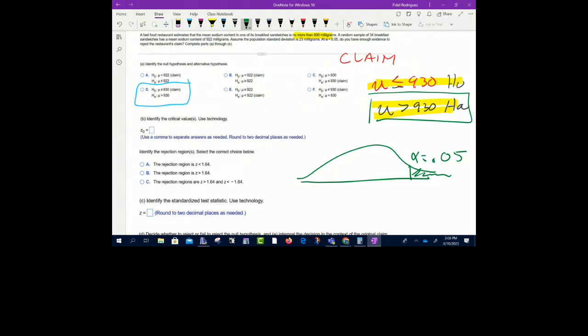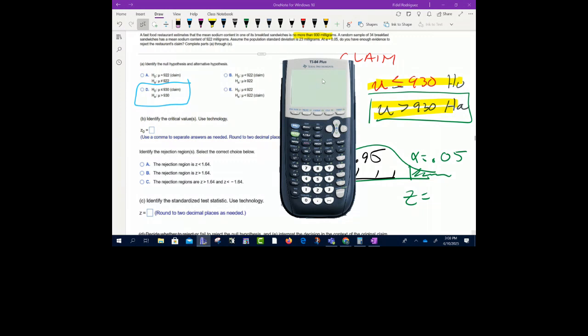Now y'all remember, I'm trying to find that critical score right there, that z value. My question to you though, does anybody know what the area on this side would look like? How much would that area be? Very good. 1 minus 0.05. Everybody agree? 0.95?